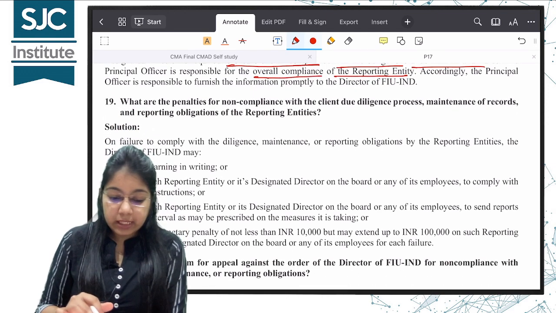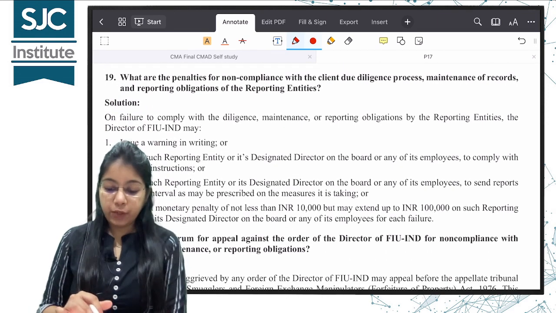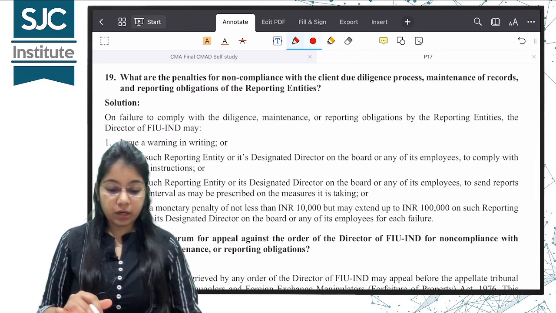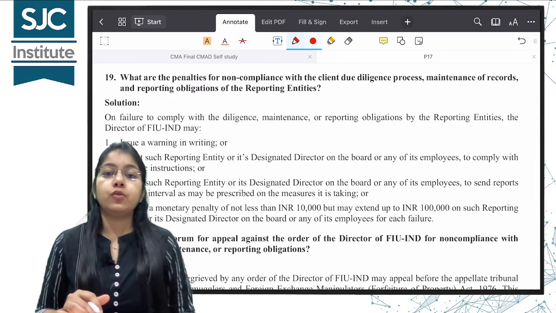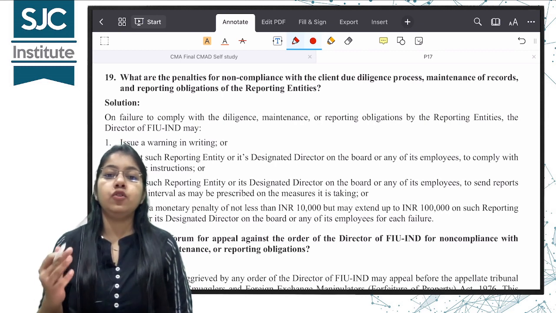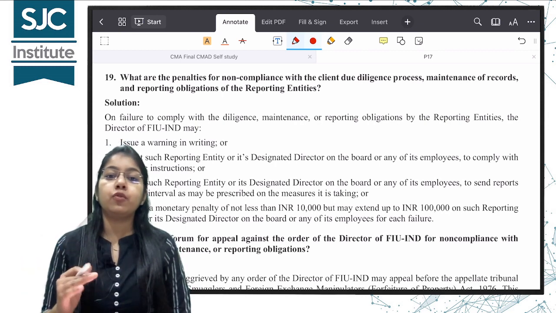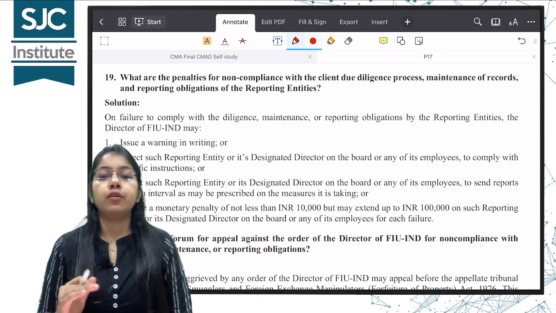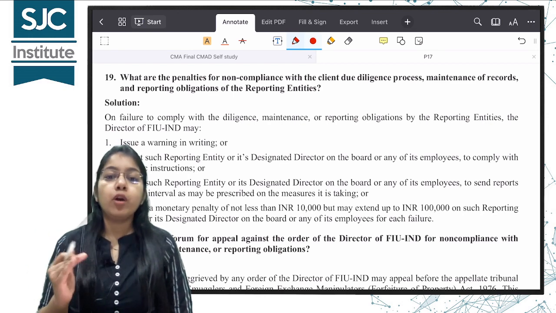What are the penalties for non-compliance with the client due diligence process, maintenance of records and reporting obligations? So, if any reporting entity is seen to not comply with the requirements of CDD or reporting the transactions, what can be done?